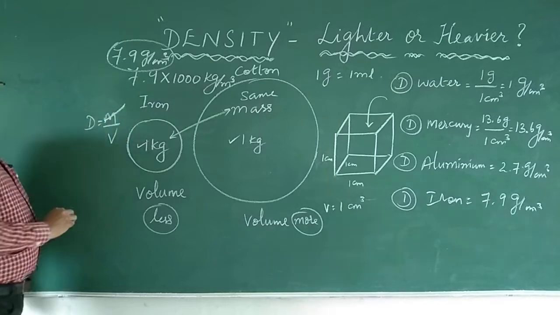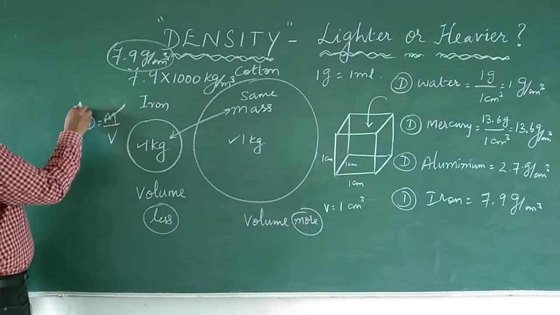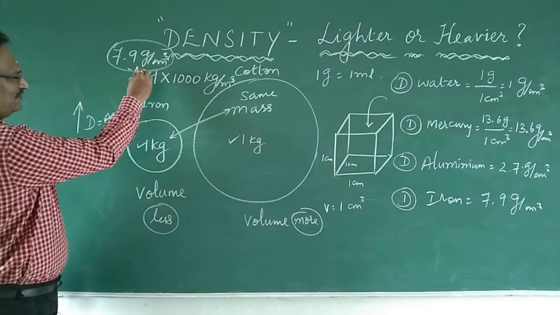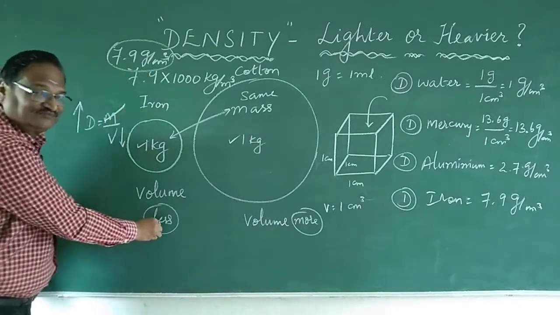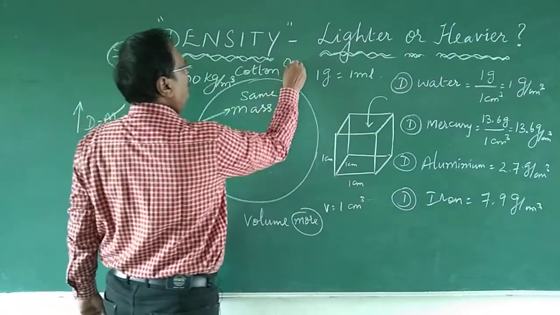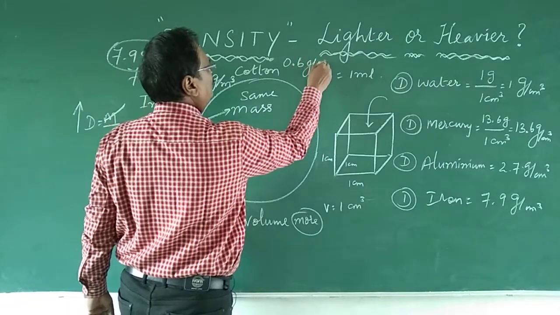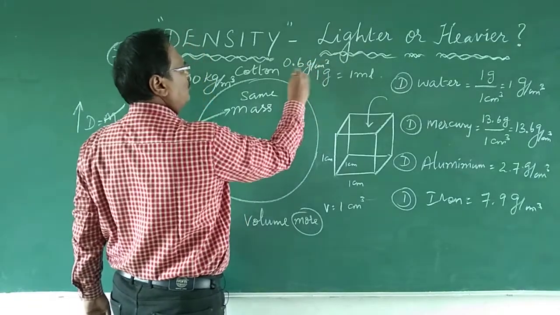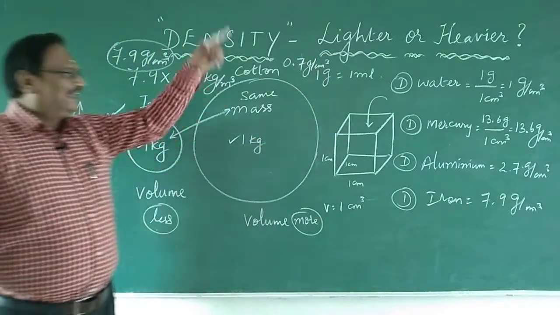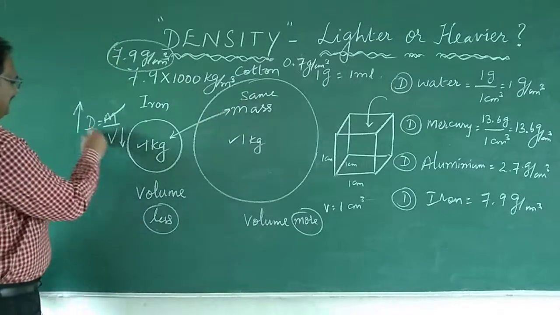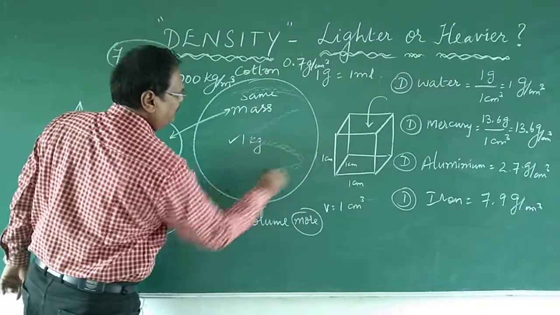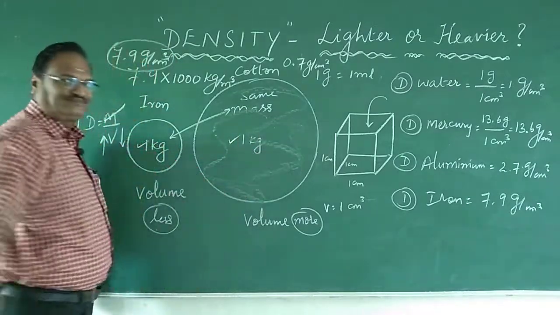Mass is same, but more the density, less the volume. And what is the density of cotton? 0.6 gram per cubic centimeter. 0.6 or 0.7, you can take it. So, less the density, more it occupies the space, more the volume.